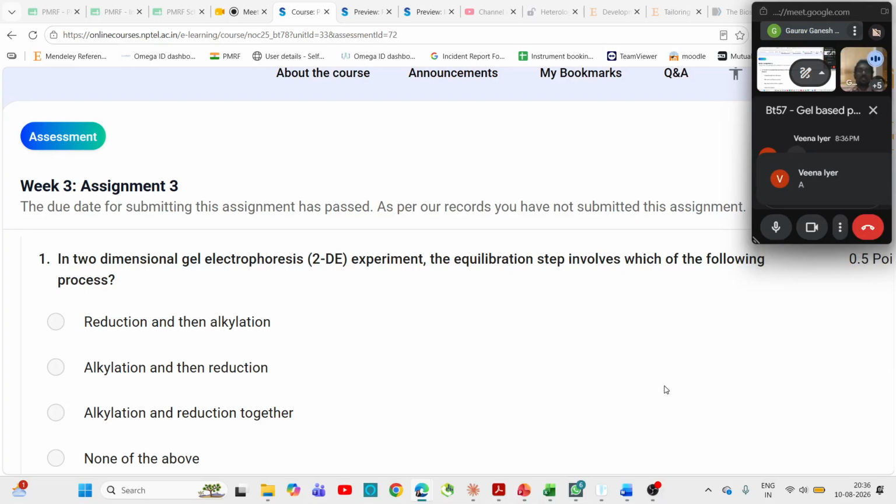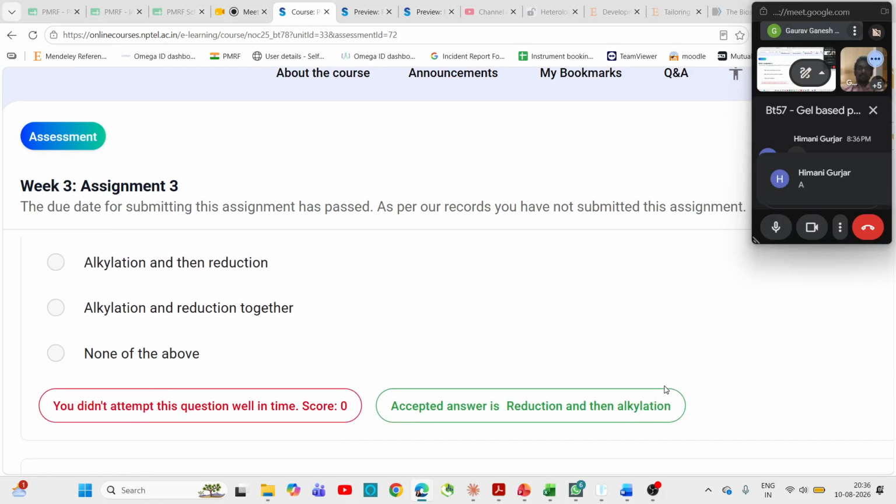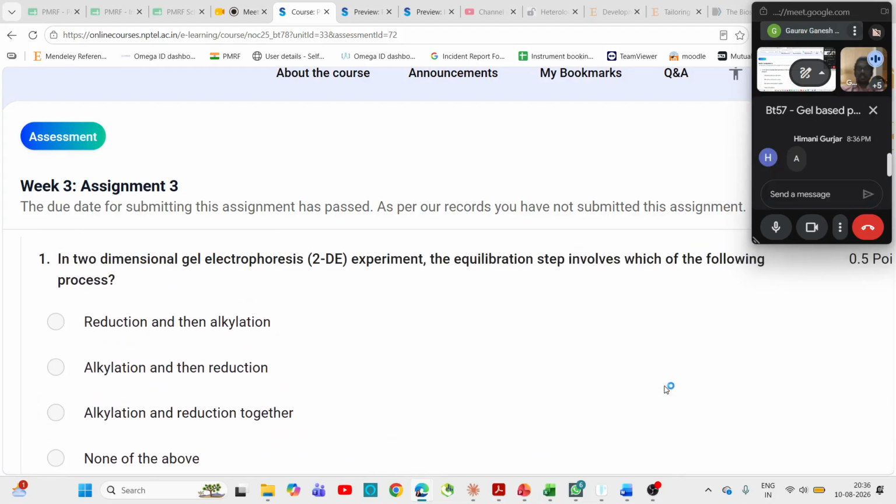Yes, I want everyone to answer. Okay, yeah. A is the answer, reduction and then alkylation, obviously. So what does reduction do exactly? And what does alkylation do?